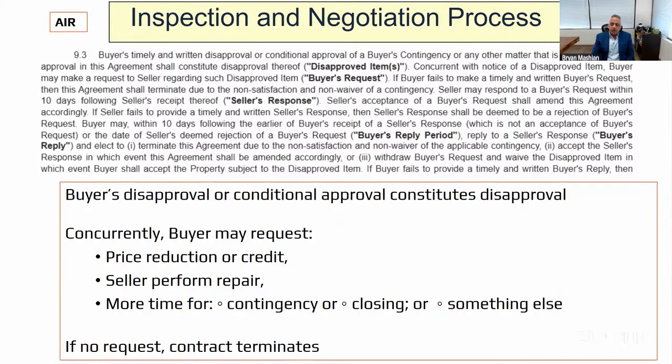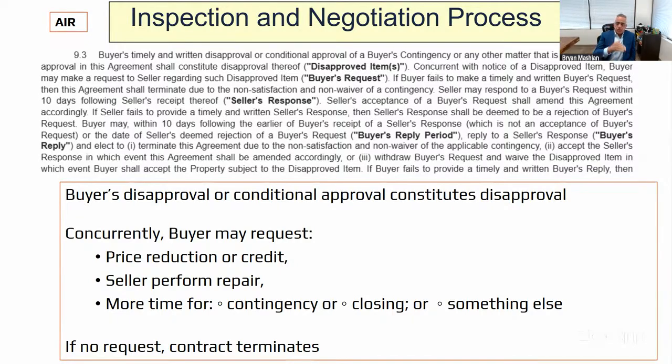While I say the AIR has passive approval, there are slides coming up in the presentation which I'll point out. The buyer's time for approving a contingency in many instances does not even begin to run until the seller provides, for example, a property information sheet, the seller's mandatory disclosure statement, a title report, leases, or estoppel certificates.